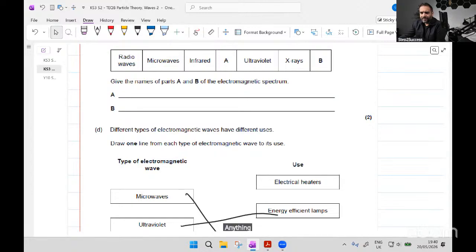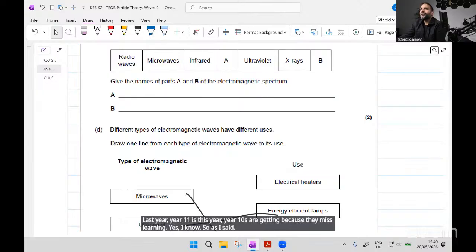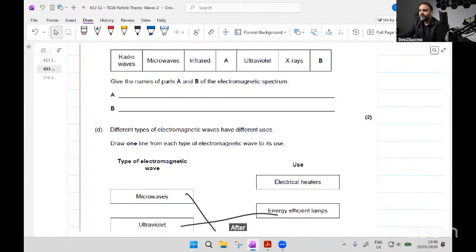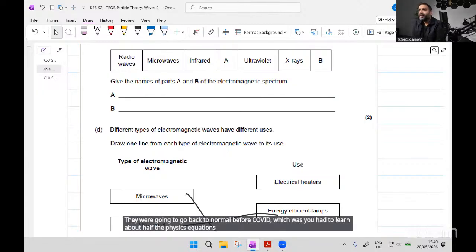Anything else? Last year, year 11s, and this year, year 10s are getting it because they missed learning. Yes, I know. So as I said, the intention was that after next year, year 10s were going to go back to normal before COVID, which was you had to learn about half the physics equations and not the other half. That was the intention.